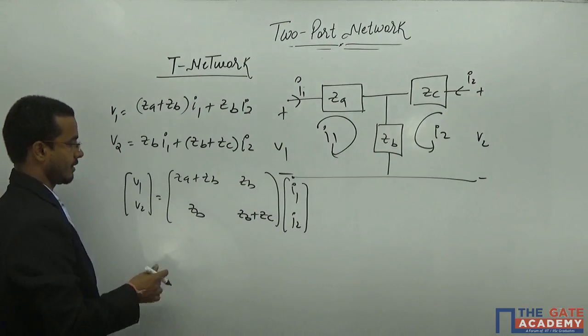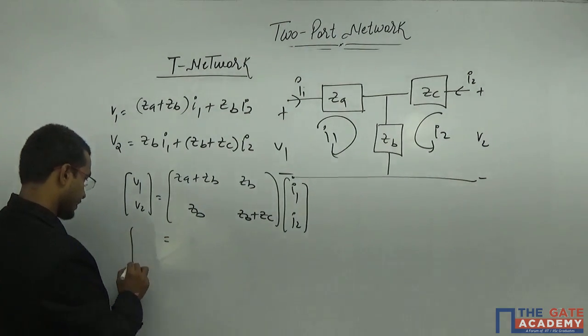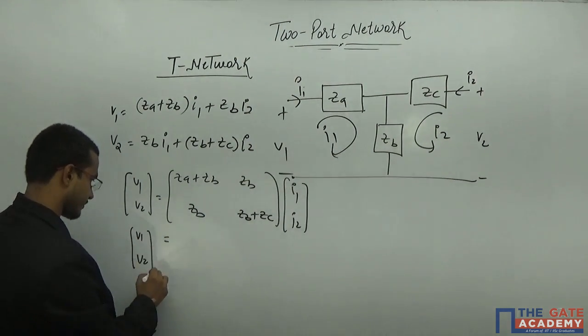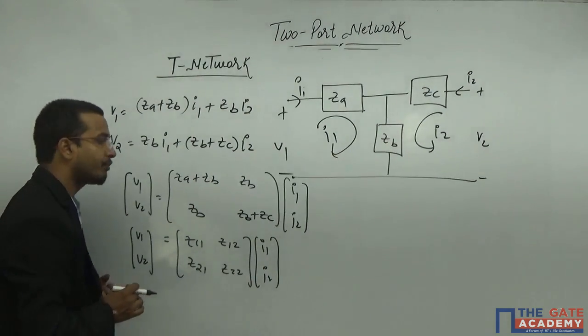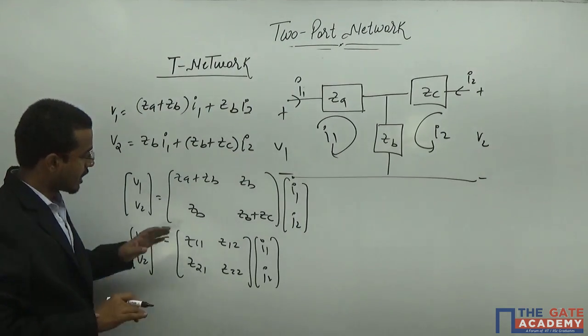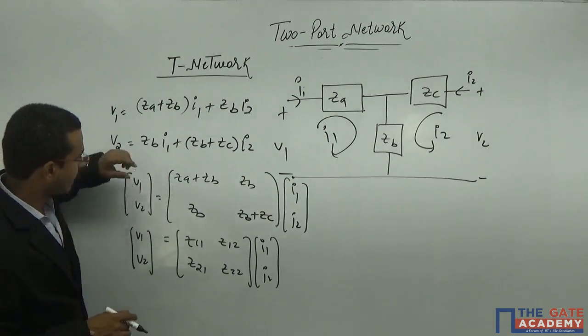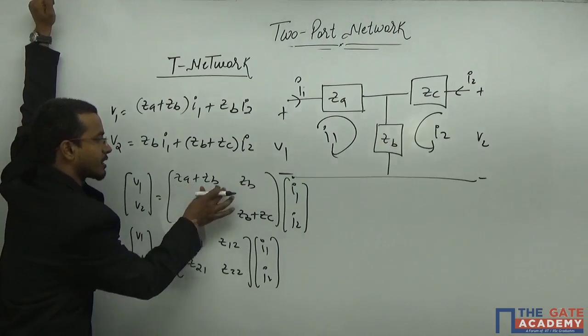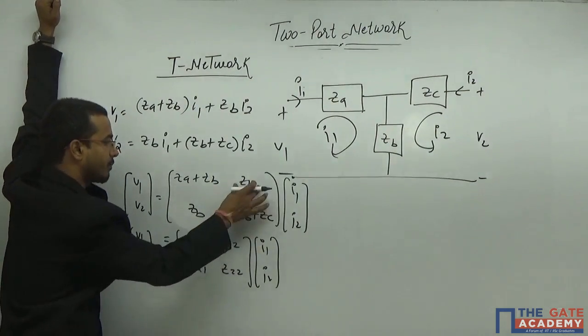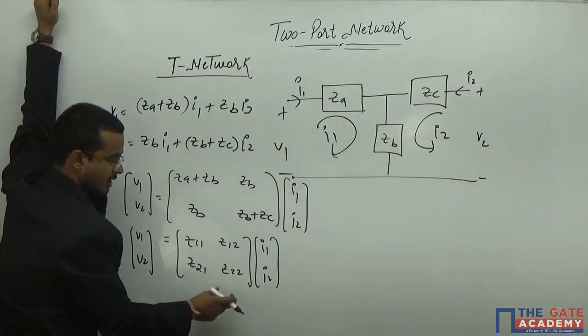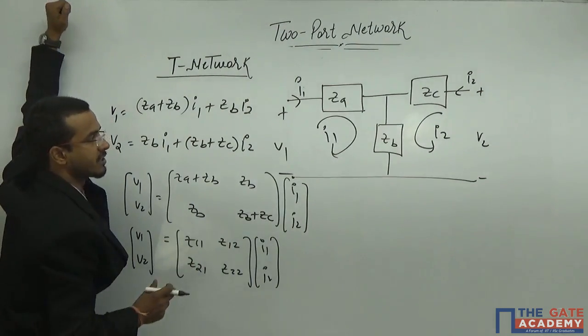And here you can equate with this, and this is the matrix representation of the standard Z parameter. Now whenever you equate this, you will get Z11 is equal to ZA plus ZB, Z12 is equal to ZB, Z21 is equal to ZB, Z22 is equal to ZB plus ZC.